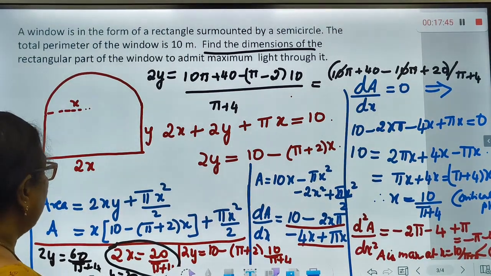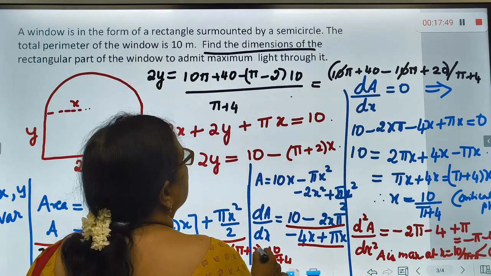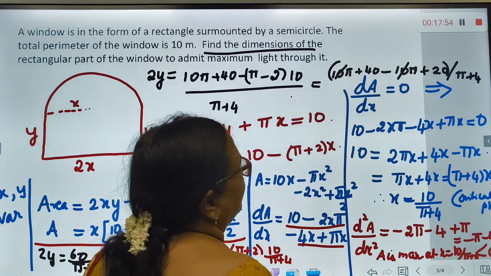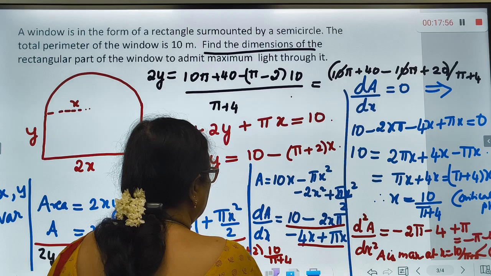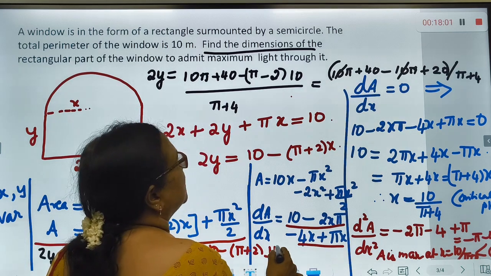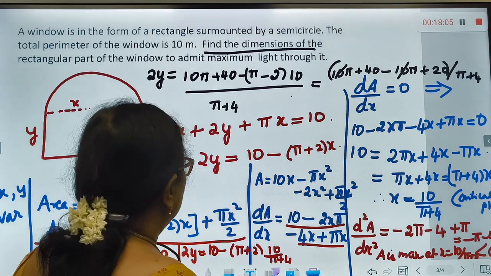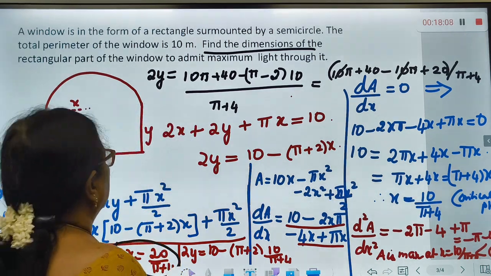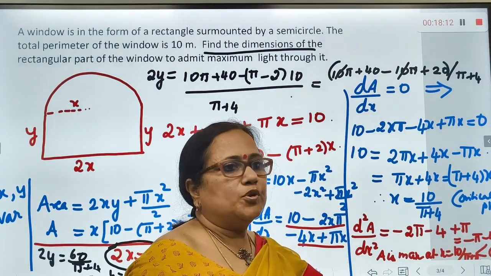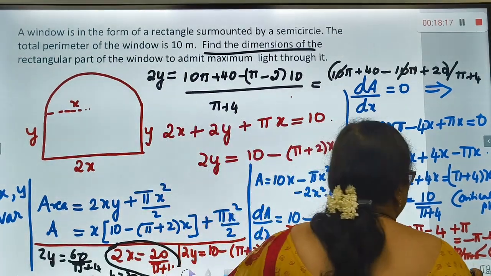But then I need to find y also. 2y will be 10 minus pi plus 2 into x. X is 10 by pi plus 4. I am simplifying this: 10 pi plus 40 minus 10 pi minus 20 by pi plus 4. So you get 60 by pi plus 4. That is 2y. So y will be 30 by pi plus 4. Is it clear how to proceed when you deal with sums which involve the outermost perimeter?